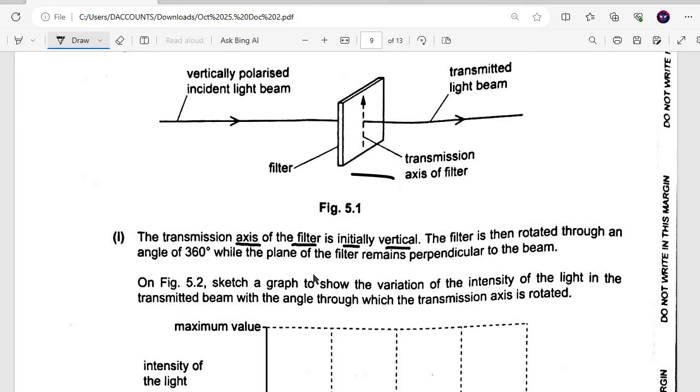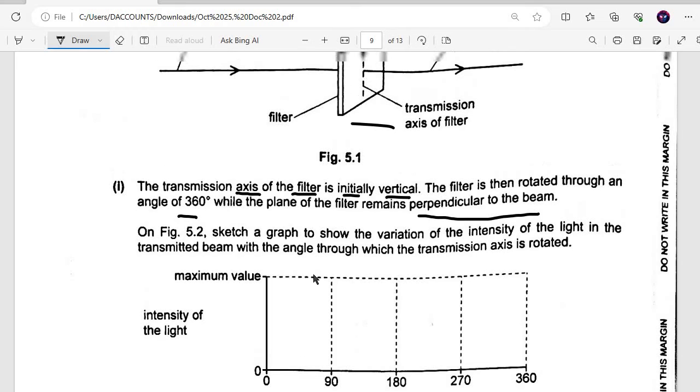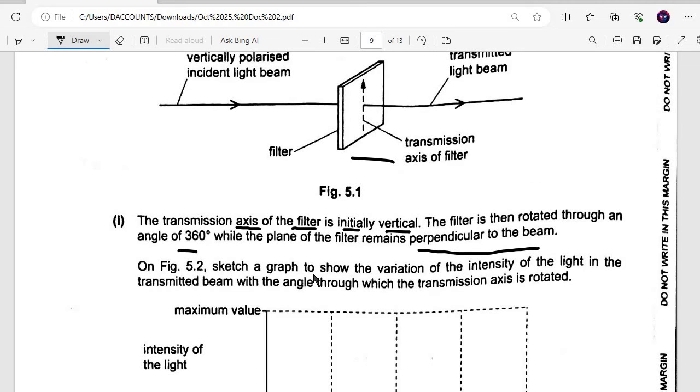It's important. The filter is then rotated through an angle of 360 degrees while the plane of the filter remains perpendicular to the beam.